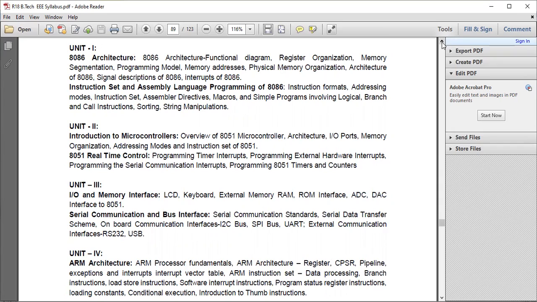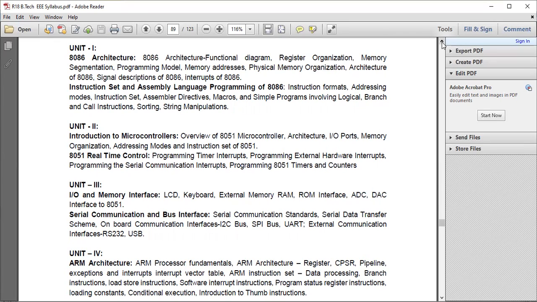So the 8051 microcontrollers are covered in the second unit, first part. Second unit, second part is completely about the timers and counters and some interrupts which are present in the 8051 microcontrollers. So these are the topics covered in unit 2. Unit 2 is completely about microcontrollers.